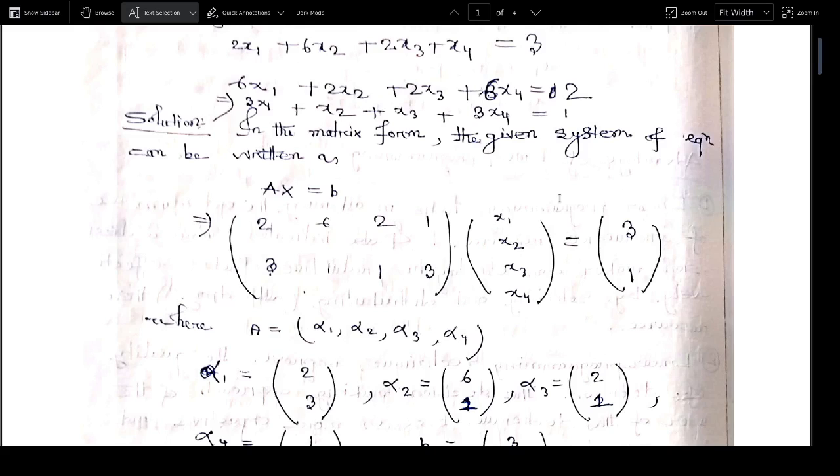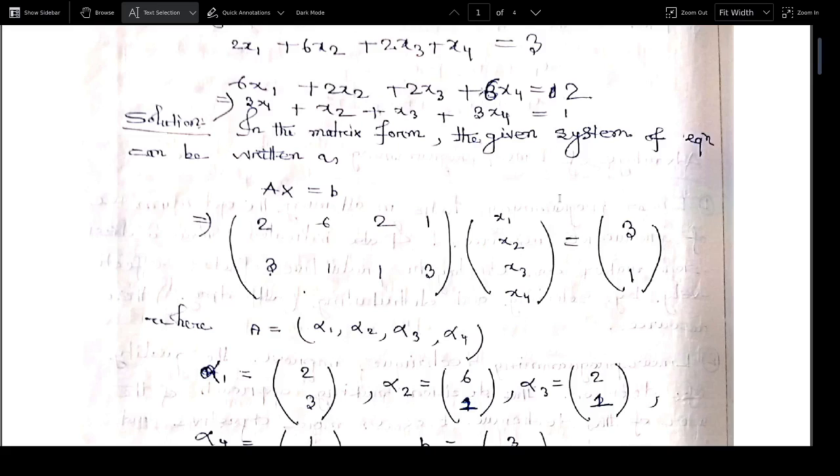Alpha 3 is 2, 1. Alpha 4 is 1, 3. And for the constant part we write B as 3, 1. So the system can have 4C2 equal to 6 basic solutions.